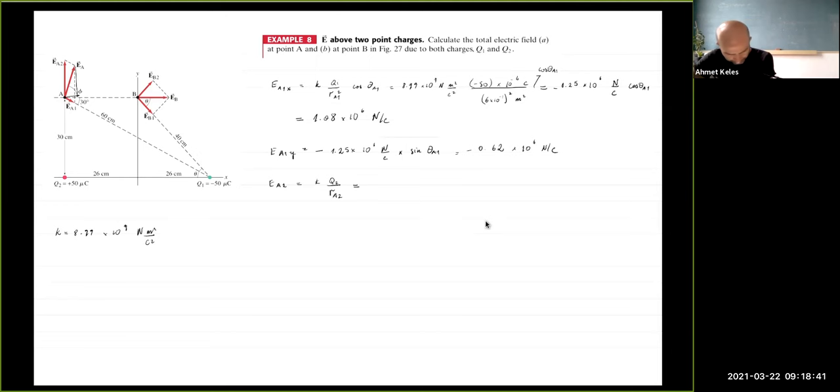This is equal to 8.99 times 10 to the 9 Newton meter squared over Coulomb squared, Q2 is 5 times 10 to the minus 5 Coulomb, and this is divided by 3 times 10 to the minus 1, maybe it's actually squared. So this is 9, and this is 2.